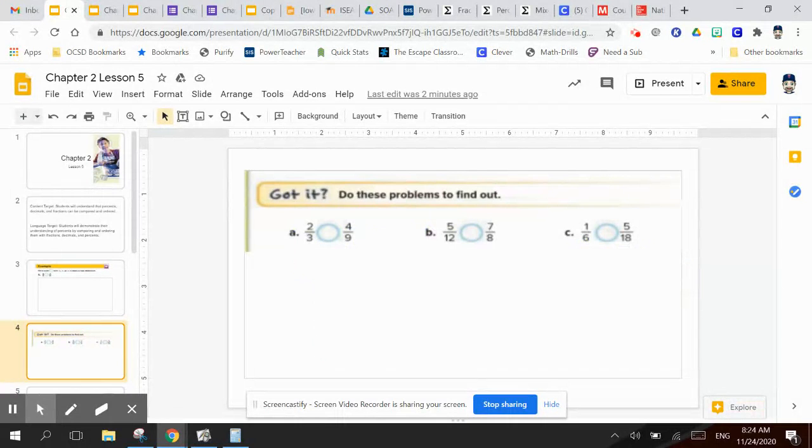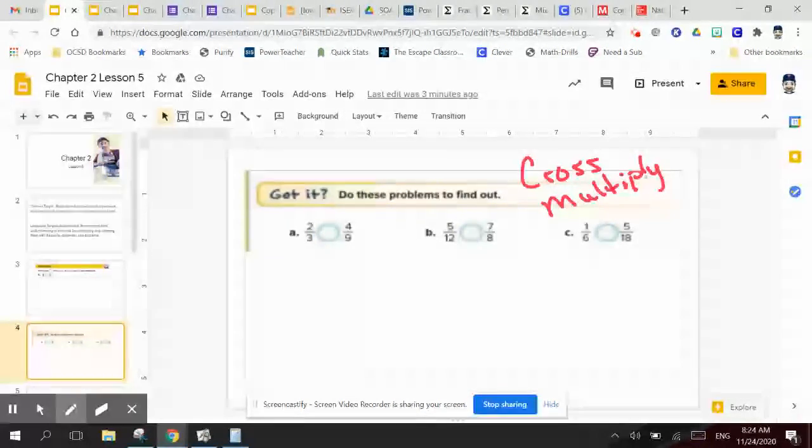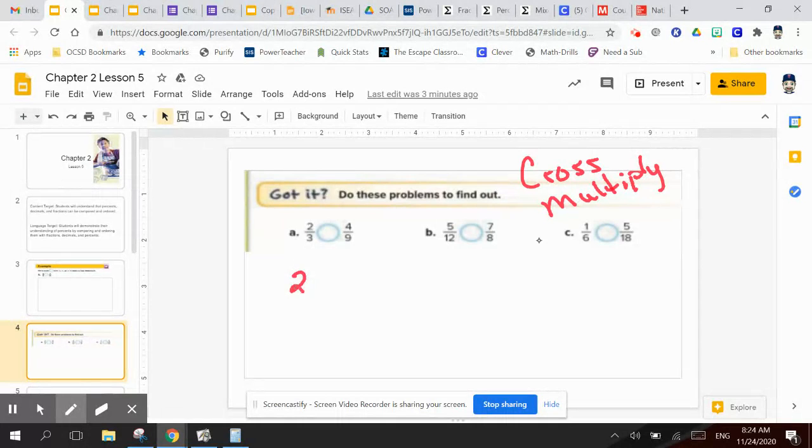If I look at my got it problems, I'm going to do the same thing. I have two fractions. Each fraction I'm going to cross multiply. So I have 2/3 and 4/9.